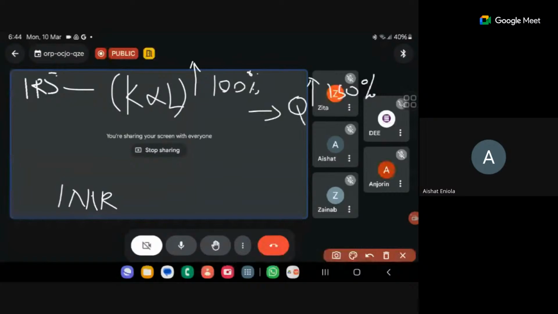Let's say when you employ the first worker, you add 10 units to output. When you employ the second worker, that worker adds an extra 15. But we are not talking only about workers, we are talking about capital.